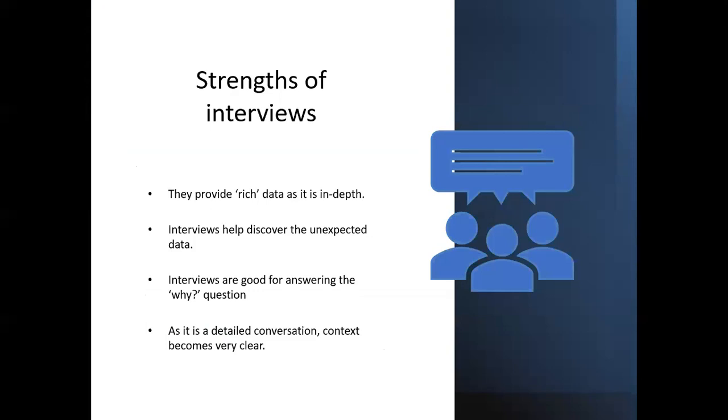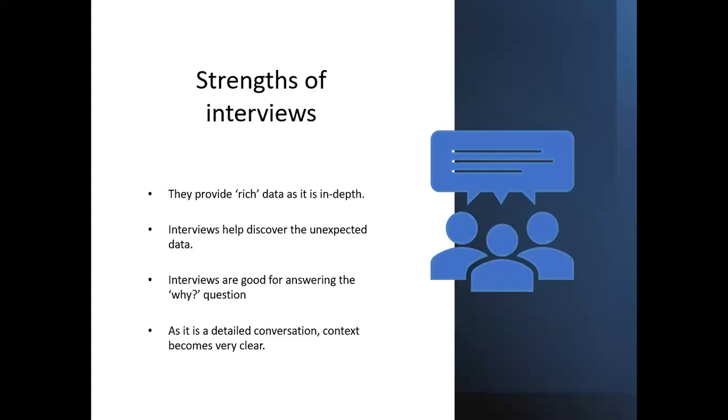It is quite helpful for us because it provides rich data. Interviews help to discover unexpected data, data that we haven't expected before interviewing. Some interviews can answer questions we haven't expected, so we can find unexpected information as well.